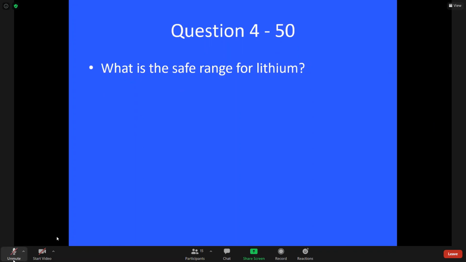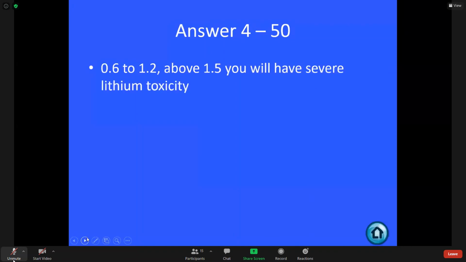So you're going to see that different labs vary, but for the most part, it's at 0.6 to 1.2. Your concern is when you get over the 1.2 that you start to see the mild symptoms for lithium toxicity, but then you can get to the 1.5 and start seeing some of the severe things for toxicity.